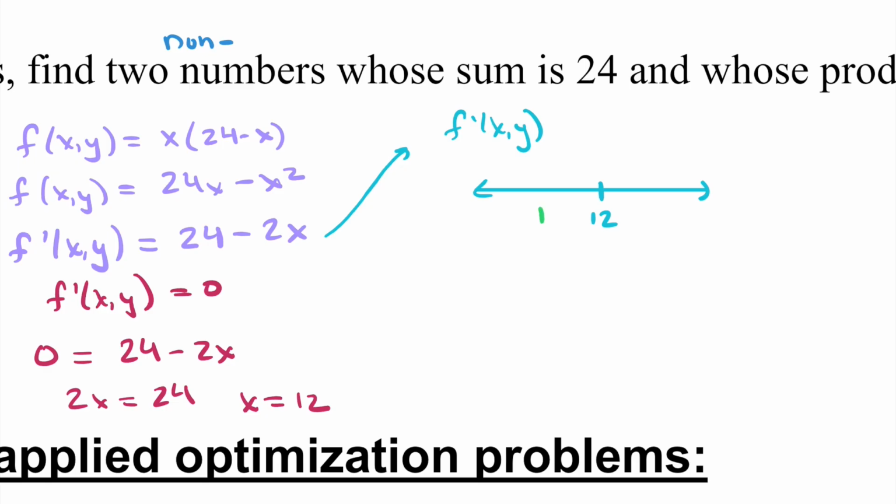Let's do the number 10 because that's pretty easy, and let's do the number 15. We evaluate 10 in the derivative, and we're going to get 24 minus 20, which will be positive, and then 15 would be 24 minus 30, which is negative. So we have a function that is increasing and decreasing like this, so we know that 12 is going to be a max.